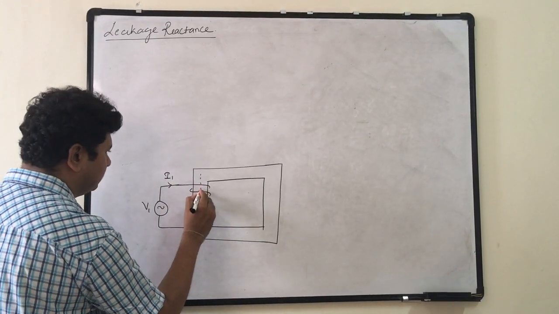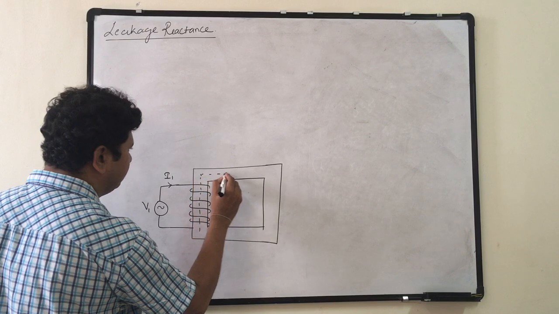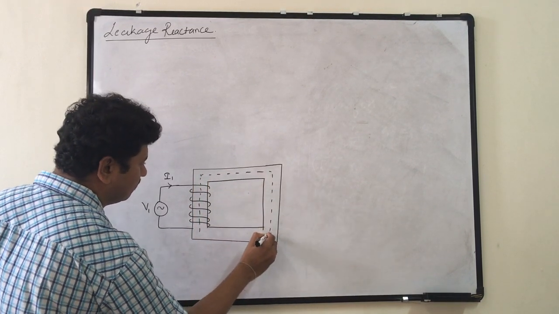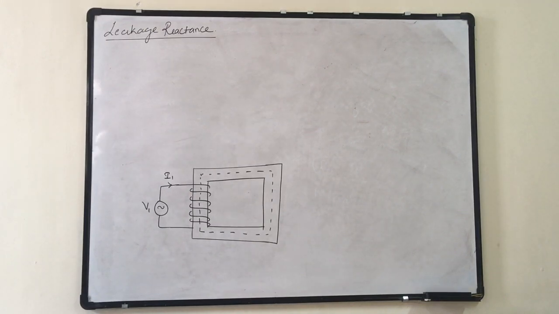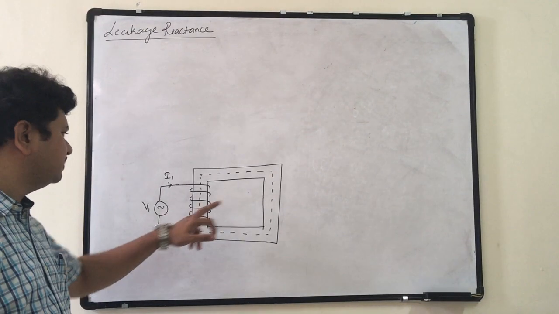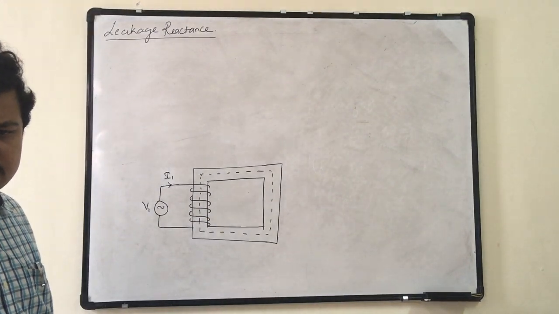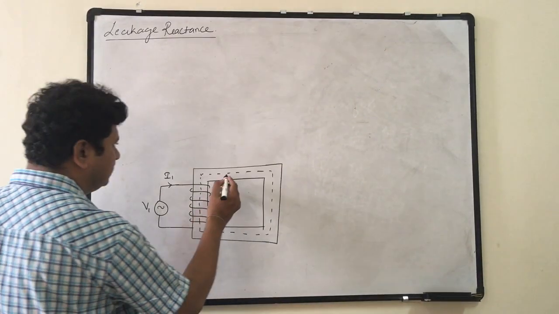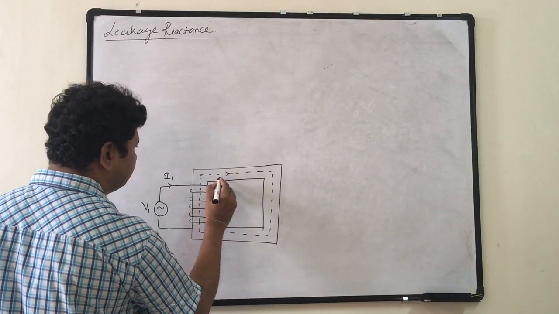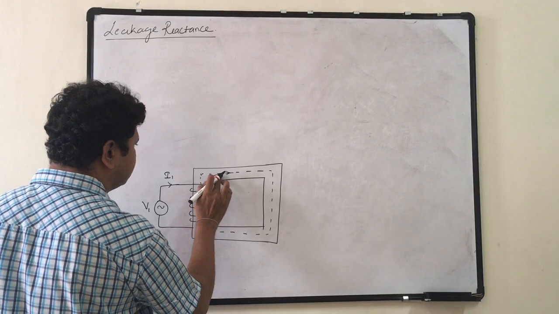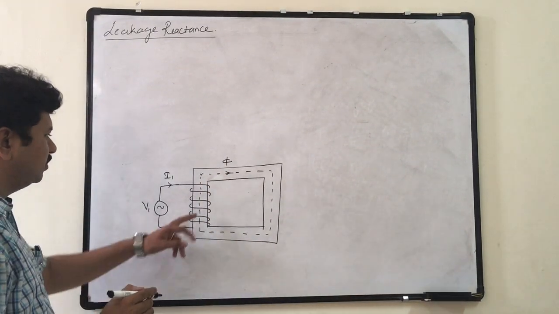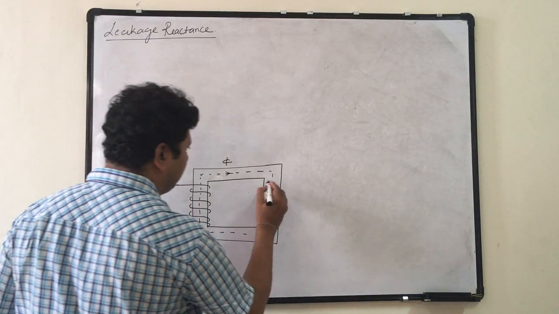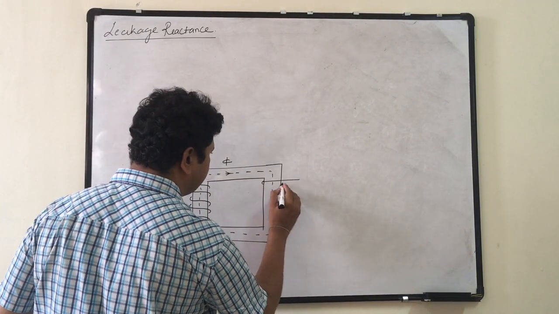A flux is produced in the core. The purpose of using a core itself is that the linkage between primary and secondary circuits must be more. So flux phi is produced, which links both primary as well as secondary. Now I am having a secondary winding also here.